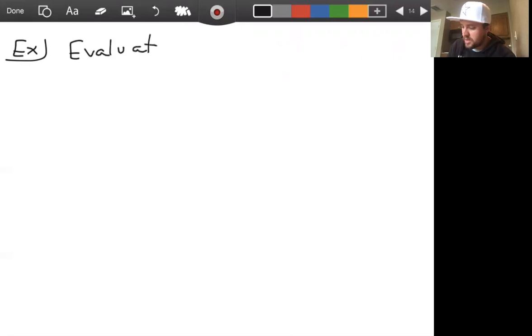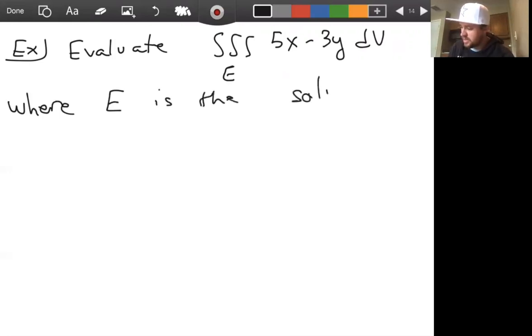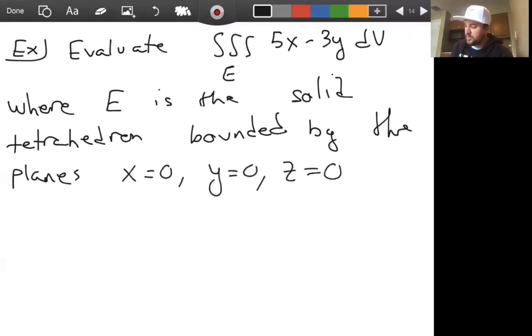Let's evaluate the triple integral over the region E of 5x minus 3y dV, where E is the solid tetrahedron bounded by the planes x equals 0, y equals 0, z equals 0, and x plus y plus z equals 1.